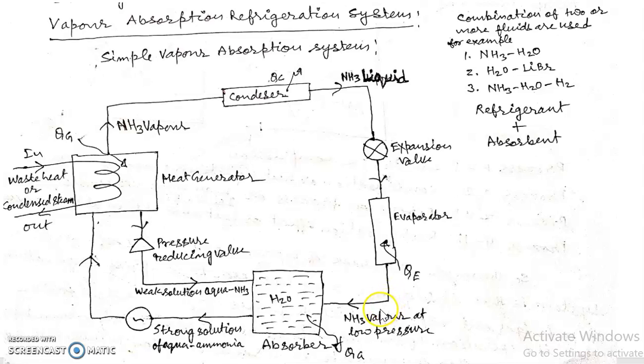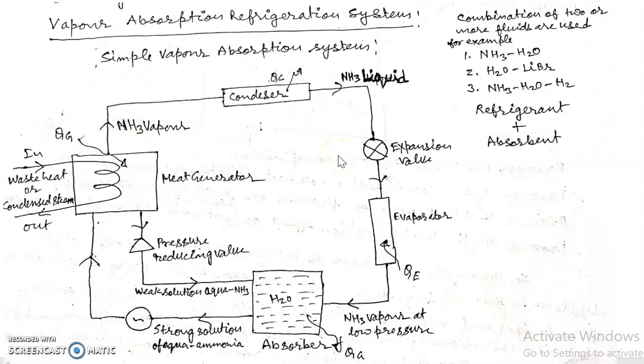Now these ammonia vapors at low pressure flow to a device called the absorber, which is filled with H2O. H2O is a hygroscopic medium, meaning it absorbs ammonia vapor, and in this way it becomes a rich solution of aqua ammonia, a mixture of ammonia and water. As I told you, in this system we take two fluids, one as a refrigerant and another as an absorbent.